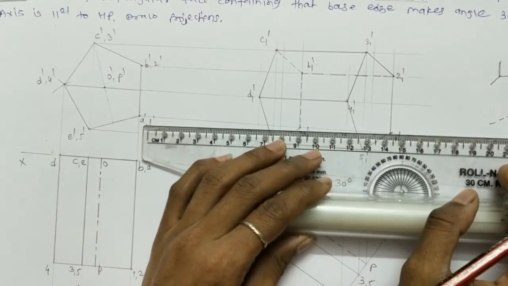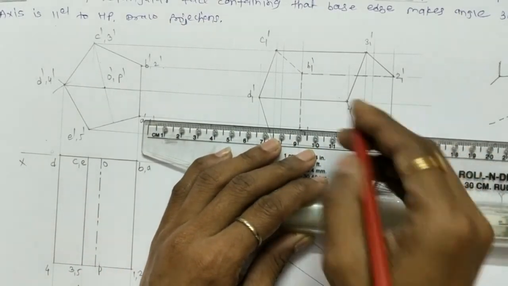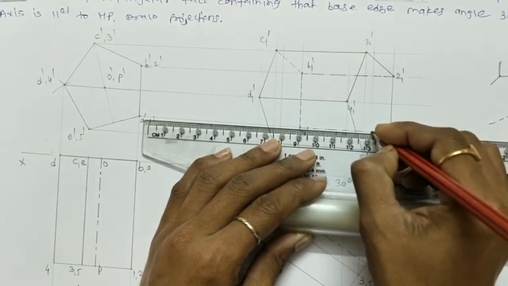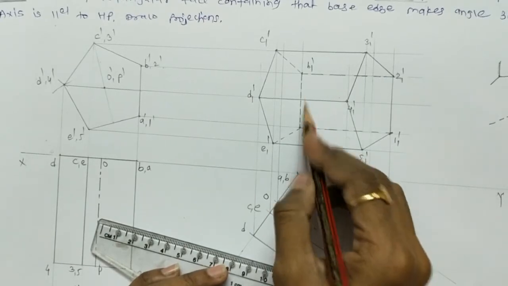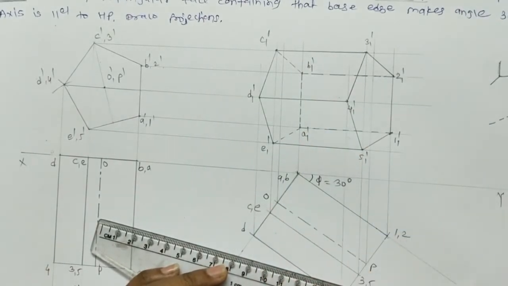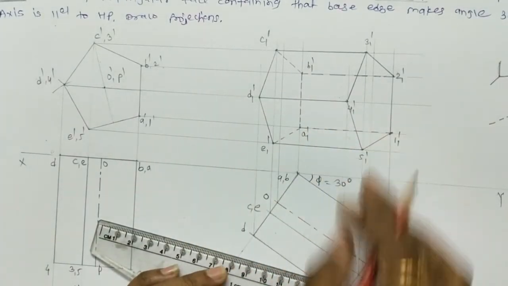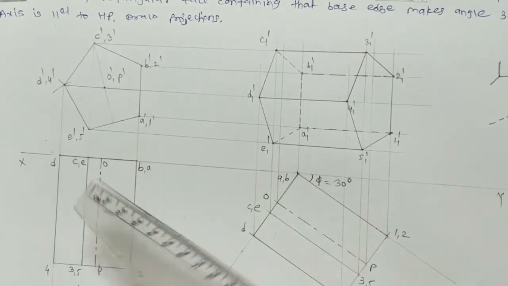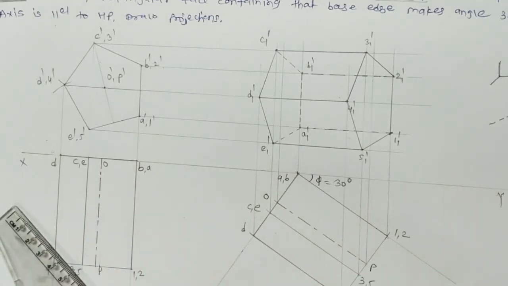It is again a dotted line because there are already 2 lines dotted at point A1 dash. So like this we have drawn front view in stage 2 of a pentagonal prism.